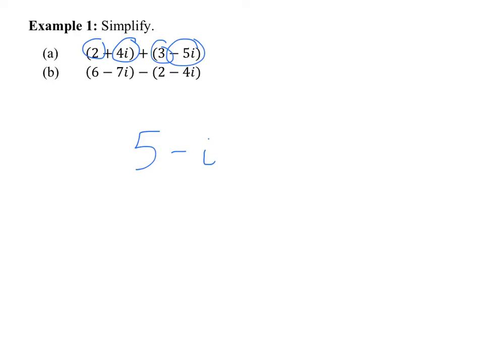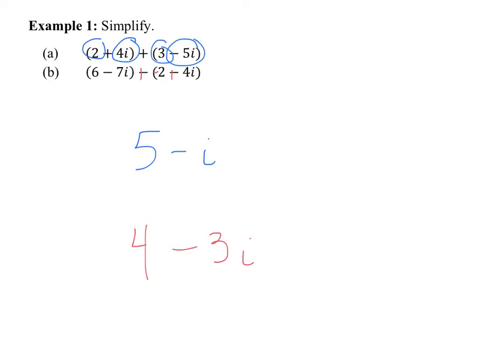Make this a positive in the middle, make this a positive here, make this 2 a negative there. So we've got 6 and negative 2 giving me 4, and negative 7i and a positive 4i giving me negative 3i. But again, in both circumstances, part A and part B, we have A plus Bi form.